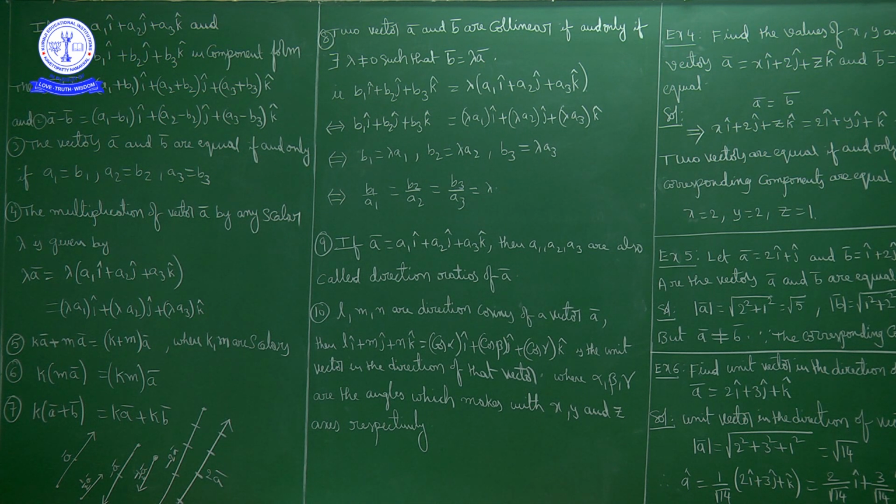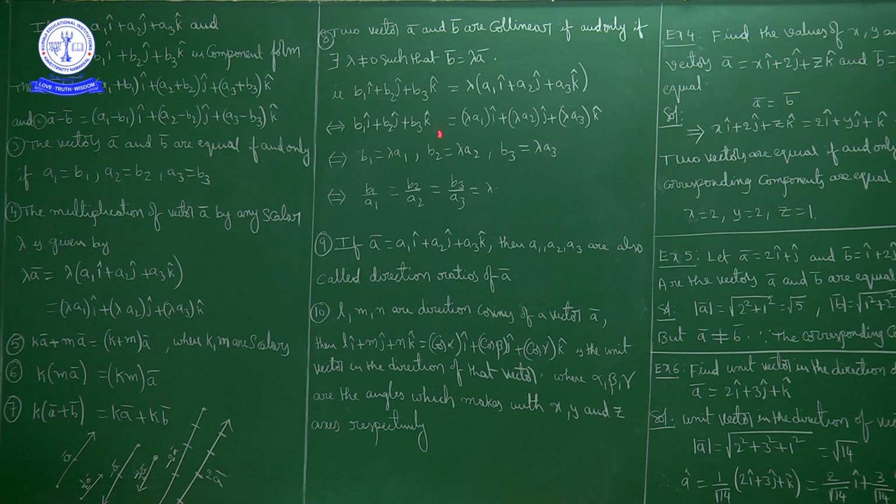One vector has to be some scalar multiple of the other vector, like b is 2 times a bar, 3 times a bar, minus 2 times, minus 3 times, minus half times, minus 3 by 2 times, or 5 by 2 times a bar, something like that.